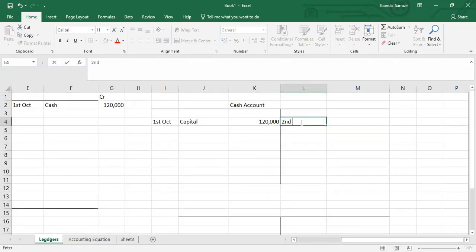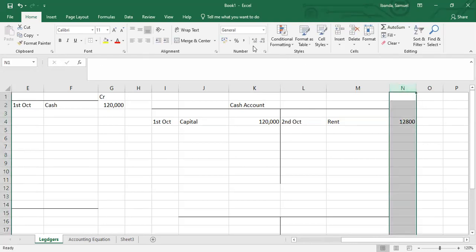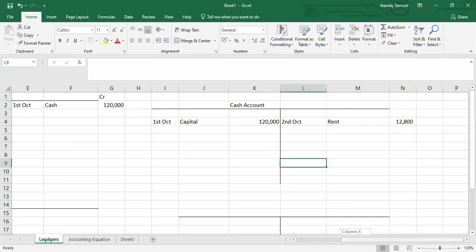This is 2nd October, and since it's cash here, I'll call the alternative account rent, and I'll give it its value, which is 12,800. So that is how it will appear.